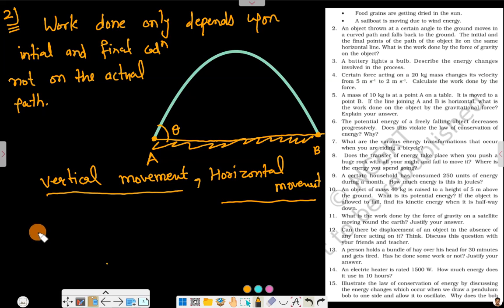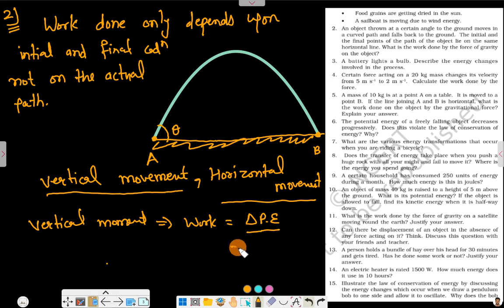Now, as I already explained, whenever there is vertical movement, the work done is equal to the change in potential energy. The change in potential energy is given by mgh, mass into gravity into height.